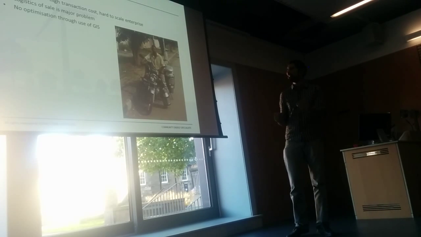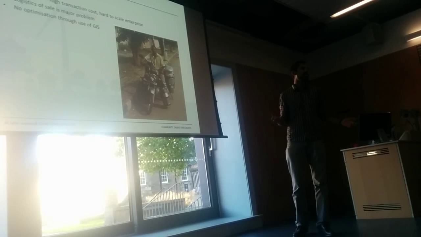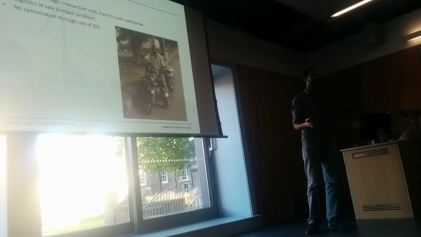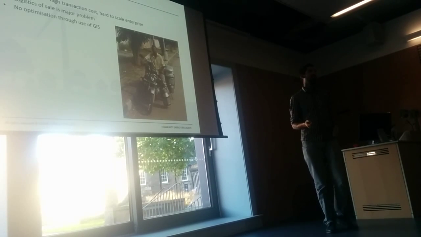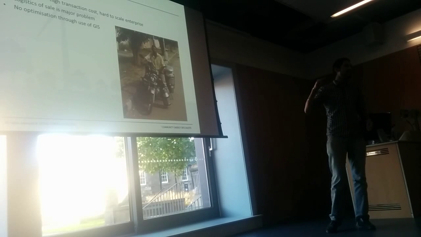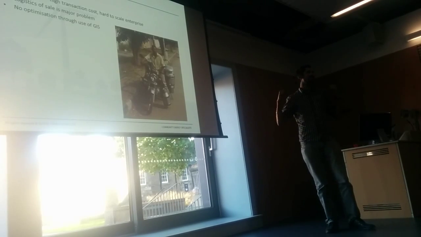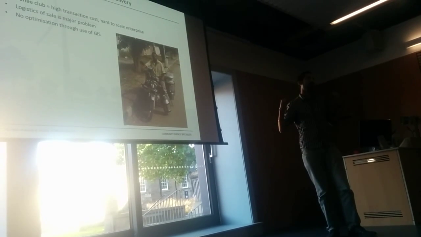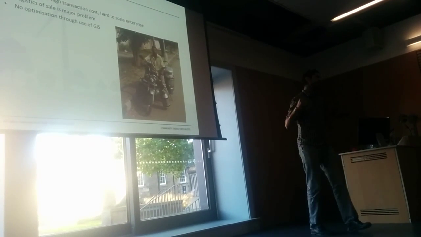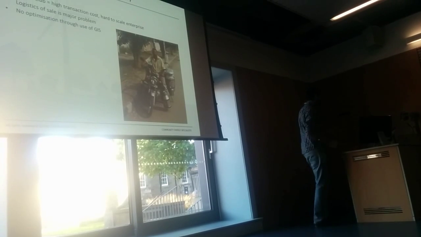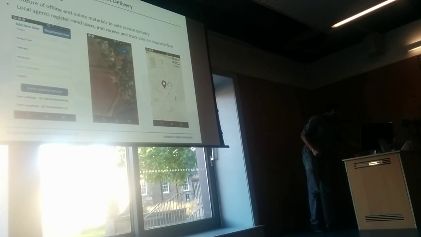Once the coffee was in Mumbai, we didn't use GIS to calculate optimal routes through the city for delivery people. We simply sent a boy into the city with bags of coffee to deliver in whatever way he wanted to deliver it. Not very clever, but that's the way that we did it.